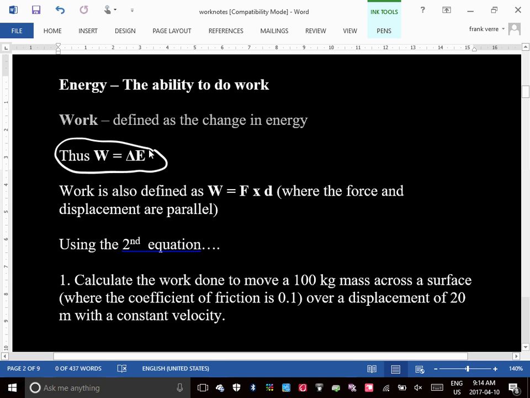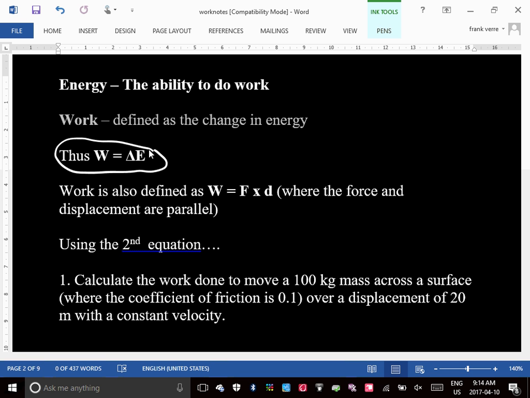What we'll talk about later is that energy and work are really just two sides of the same coin, because a change in energy is the same as work.